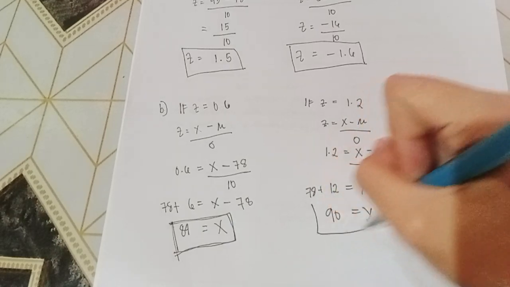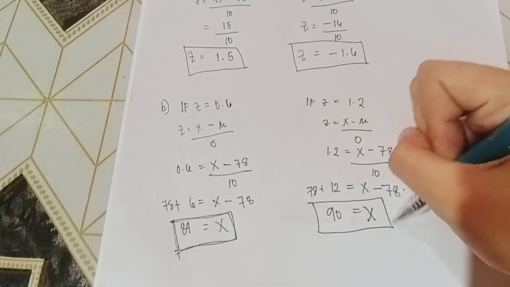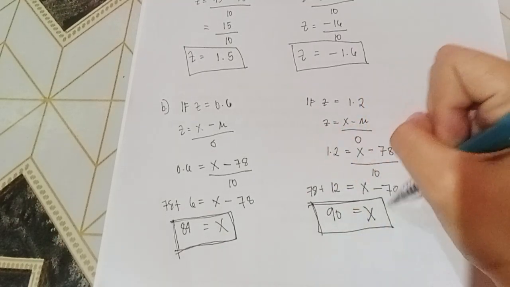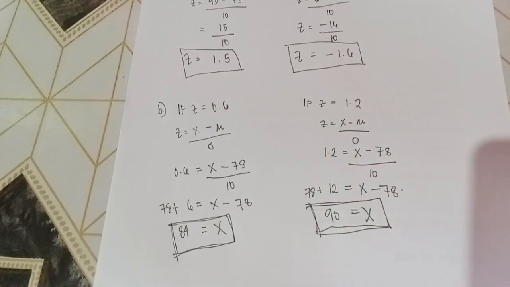So 90 is the score of the student. This is how we get our X or our Z-scores, where X is the score of the student.